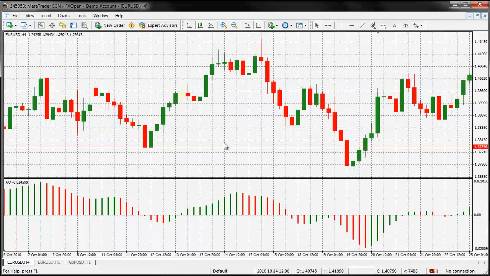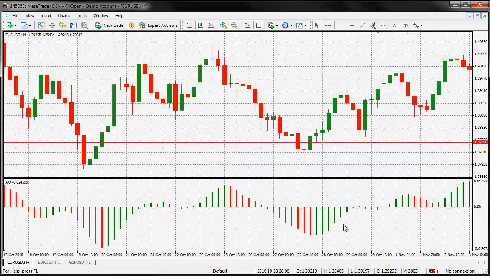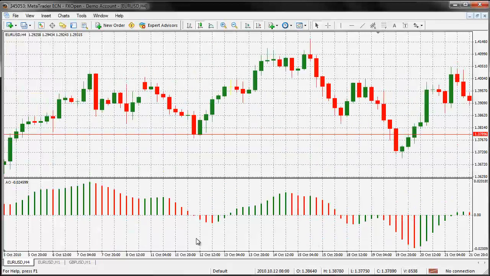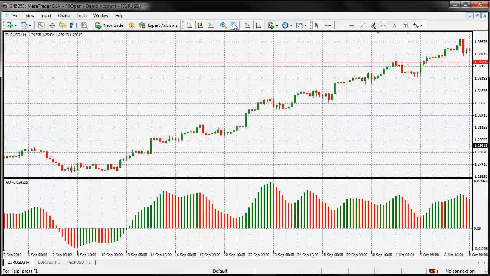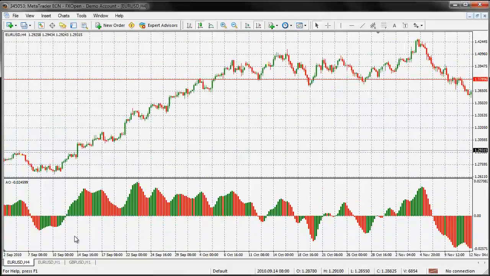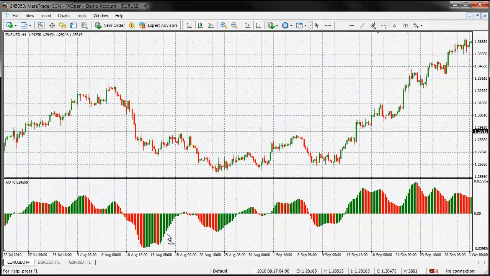Now for short trades, it's a bit hard to really find the true saucer. This might look like a saucer, but it's not. I mean, we need to have two greens. Let's see if we can find another area in the market. I won't spend too much time on it. Okay, here is, I believe, one.